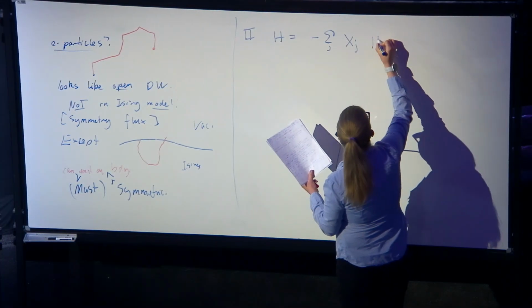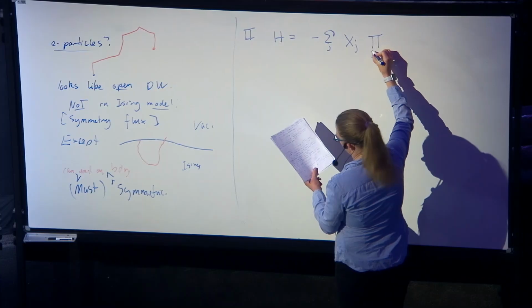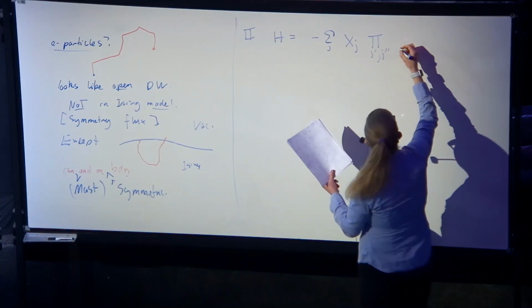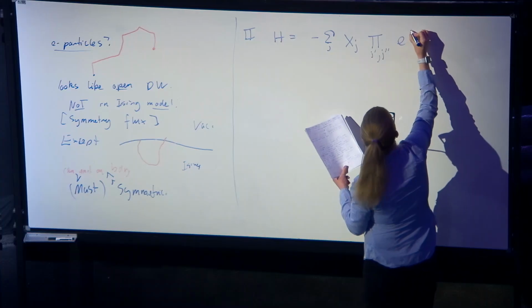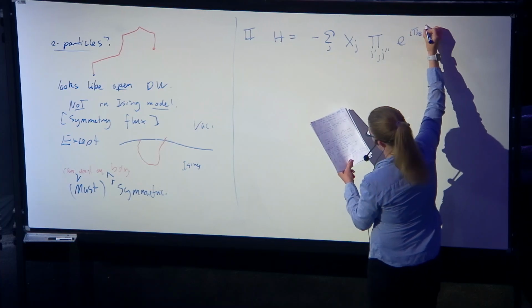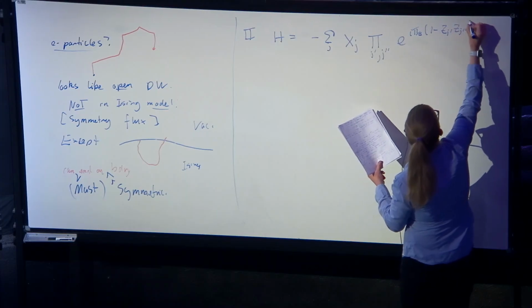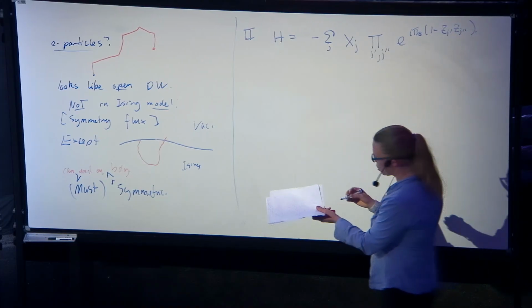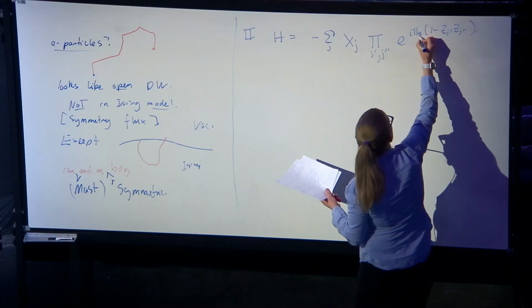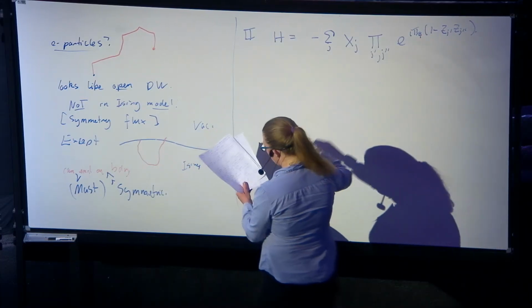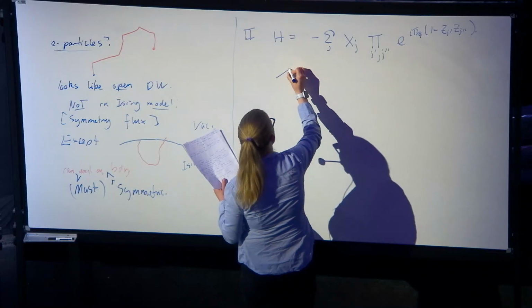But now, in addition to this, I'm going to have a product, and I'll draw a picture of where these guys are. I'm going to have a product going around the plaquette of this funny phase factor, okay?